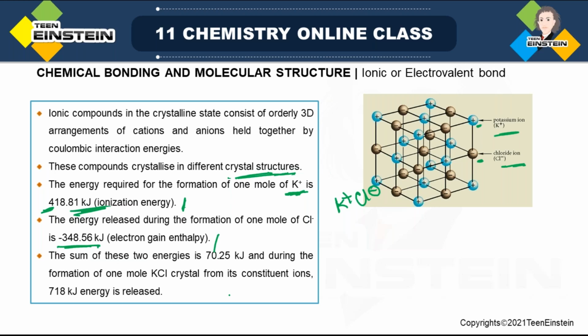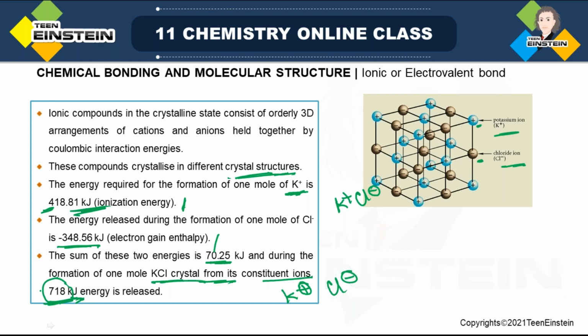Another piece of information is that when you are making 1 mole of KCl crystal, starting from its constituent ions, K plus and Cl minus, then 718 kilojoule of energy is released. That means the energy that is required here and the energy that is released here are obviously different, and this value is much higher. Why are we discussing this?